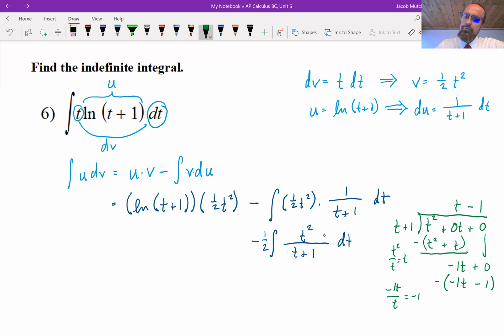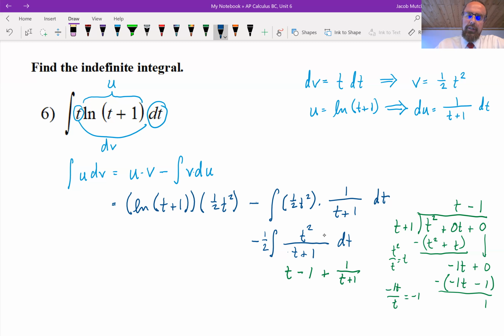And that I'm going to subtract, so the first terms cancel. The negative distributes to the negative that's there and becomes positive 1. So I'm going to write this fraction, t squared over t plus 1, as this now polynomial. It's t minus 1 plus 1, that's my remainder, divided by the original divisor t plus 1.